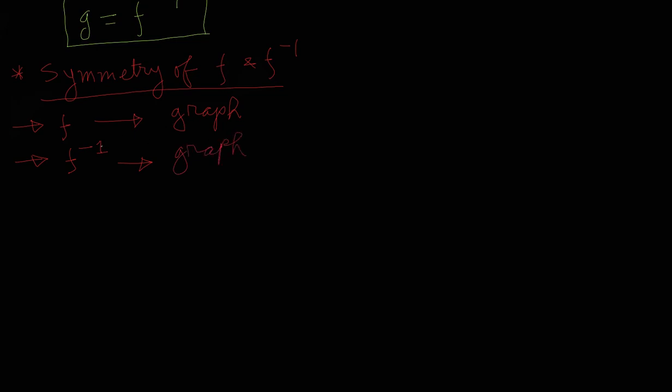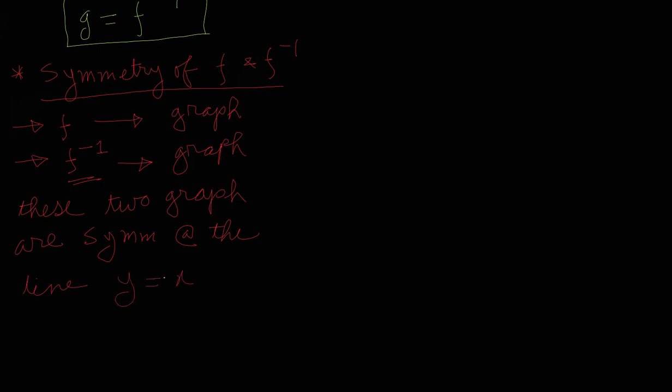and you are going to find that the graph of function f and graph of inverse function are basically symmetric with respect to the line. So these two graphs are symmetric about the line y equal x.